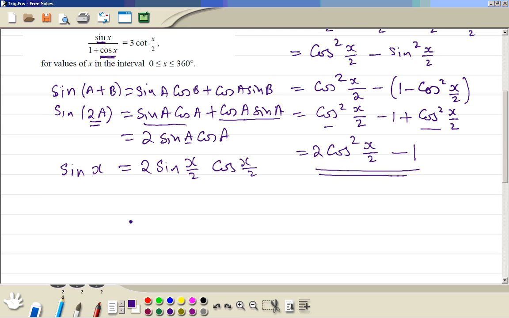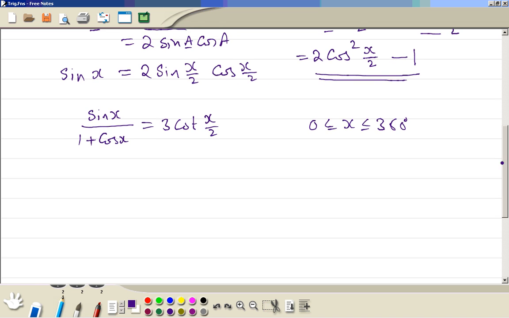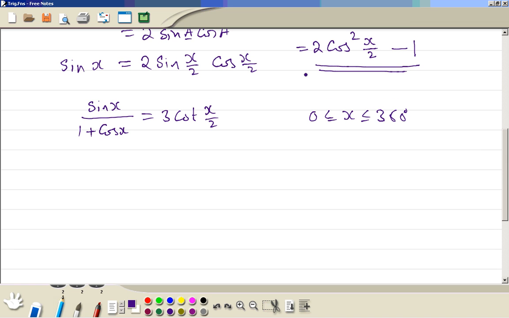Now we write that question here. Sine x over 1 plus cosine x equal to 3 cot x over 2. You need it in the domain x between 0 and 360. I'll change these into these identities.